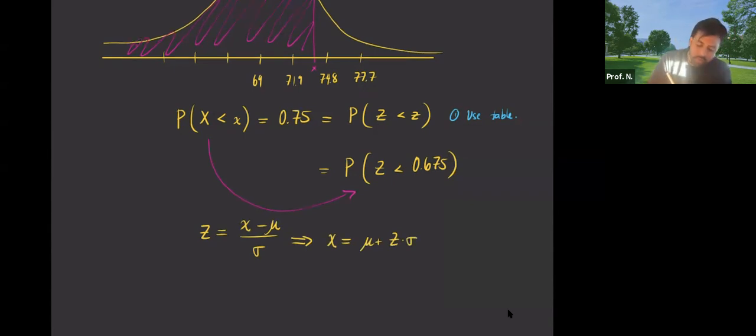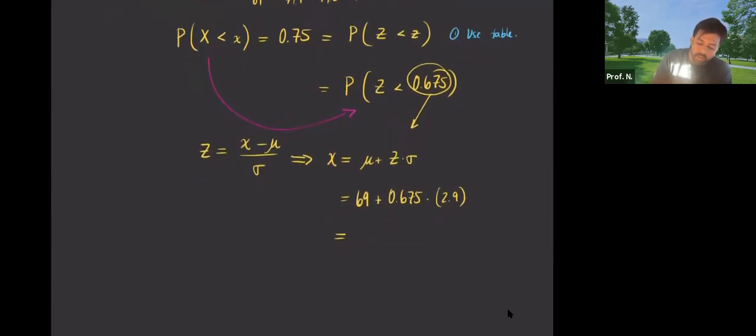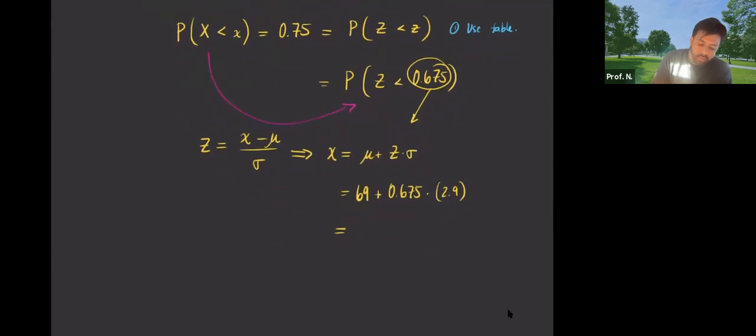I know what mu is, 69. I know what the z value is. This is my z value, 0.675. And I know what the standard deviation is, 2.9. So when I actually compute this, I get 69 plus 0.675 multiplied by 2.9.